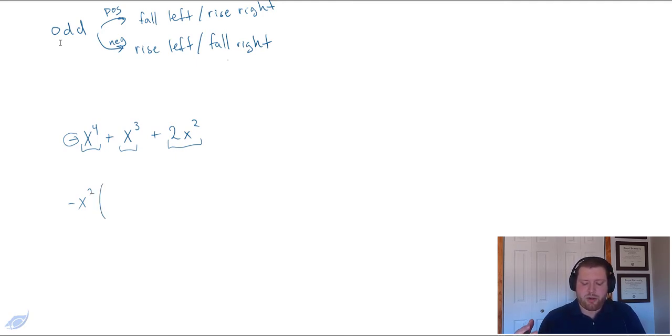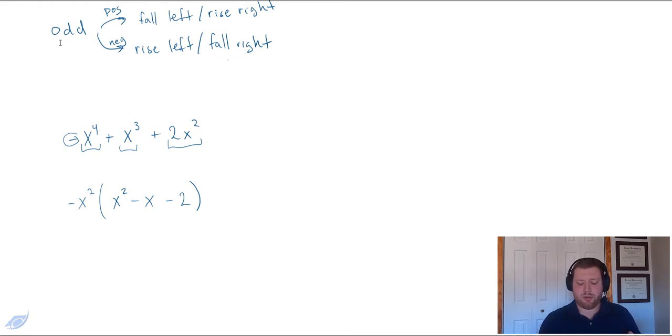If I bring out a negative x squared from a negative x to the fourth, I'm left with an x squared inside. If I take a negative x squared out of an x cubed, I'm left with a negative x. And if I take a negative x squared out of a positive 2x squared, all I'm left with is a negative 2. Now this is a lot easier to factor because it's just a quadratic equation.